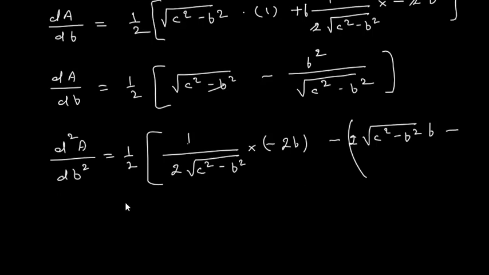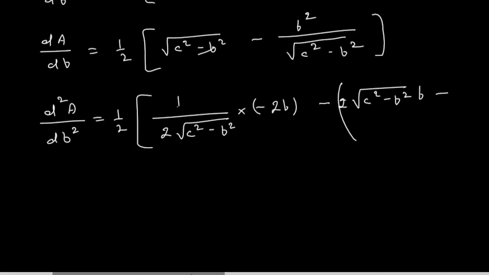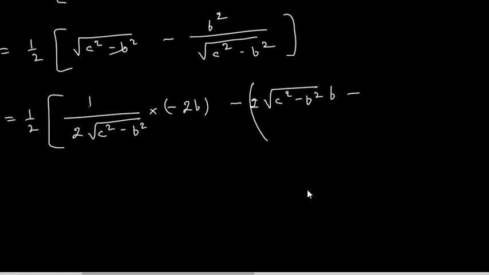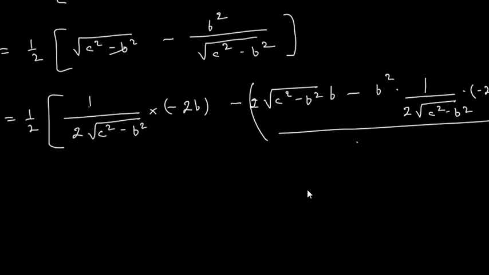So minus v derivative of u, we have done, minus u, which is B square, and we differentiate this term, which is 1 upon 2 times root of C square minus B square into minus 2B, whole divided by the square of this term, which is C square minus B square.